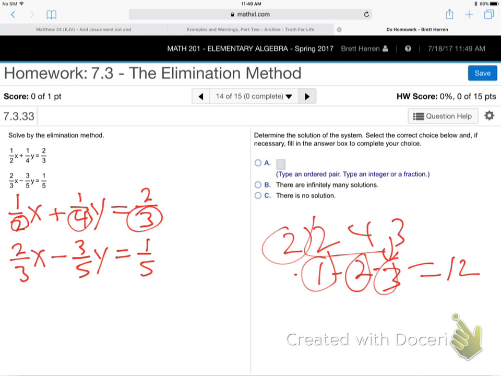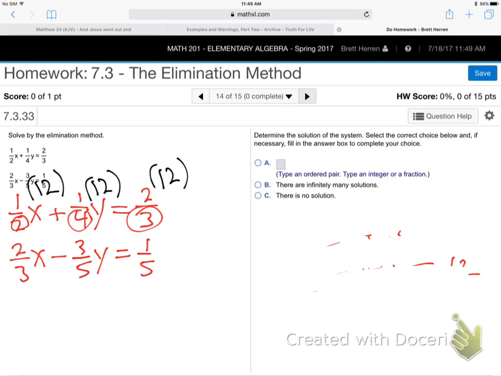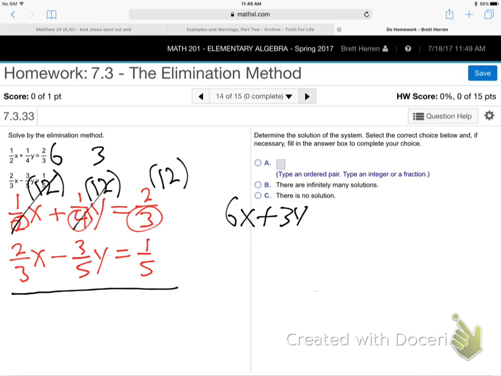Okay. So what do I do with that 12? Multiply through by 12. Like that. Is that good to there? And then cross cancel. 2 into 12, 6 times. I'll bring it over here. 6x plus 4 into 12 3 times, 3y. 3 into 12 4 times, and 2 times 4 is 8.